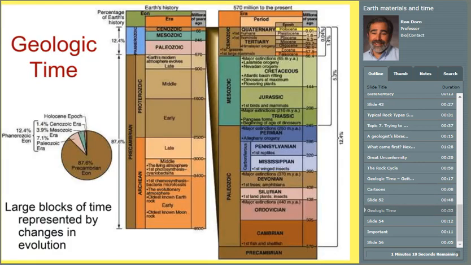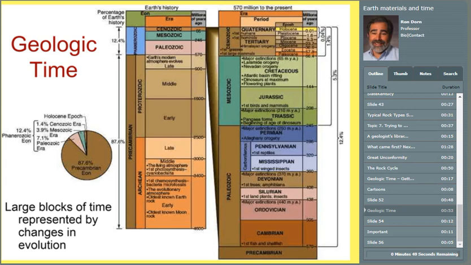But what did geologists do before the invention of radiometric dating of rocks? They had a relative time scale that they called geologic time. And geologic time is measured by the evolutionary events in different sedimentary deposits. So the Paleozoic era would be the time of early life, such as fish, shellfish, amphibians.